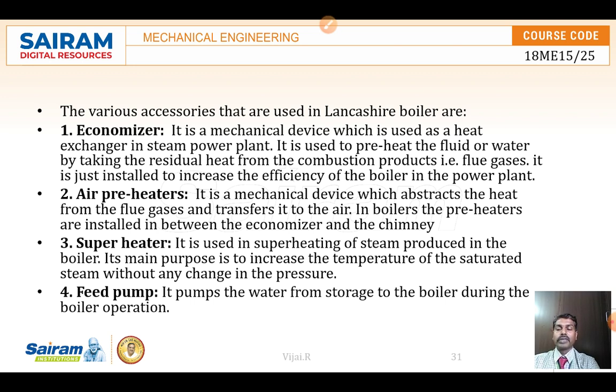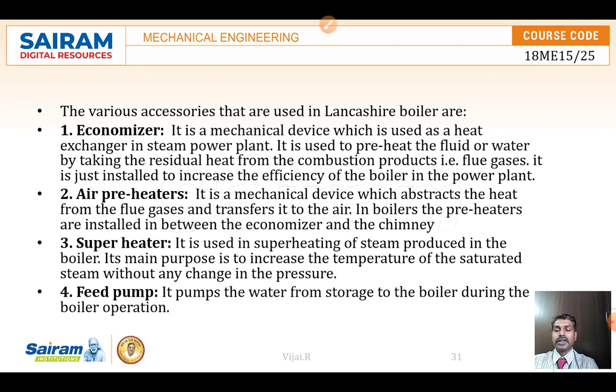Then the economizers and preheaters are very important accessories which improve the performance. The economizer heats the water, making it warm before it turns into steam, so that it increases the efficiency of the boiler.